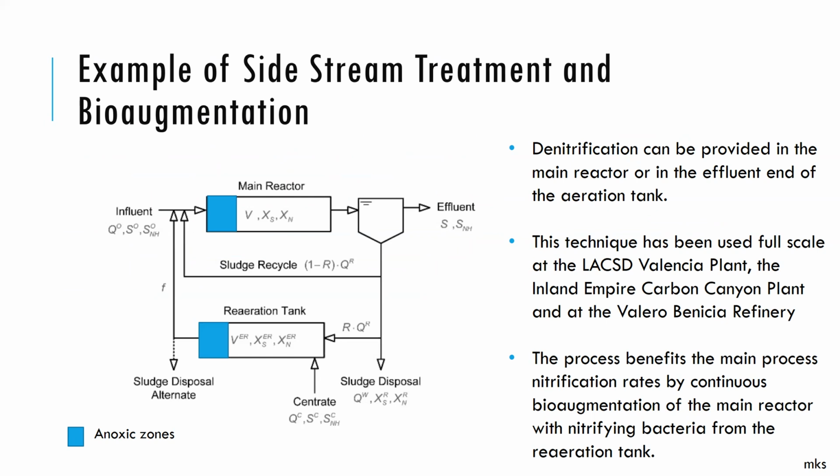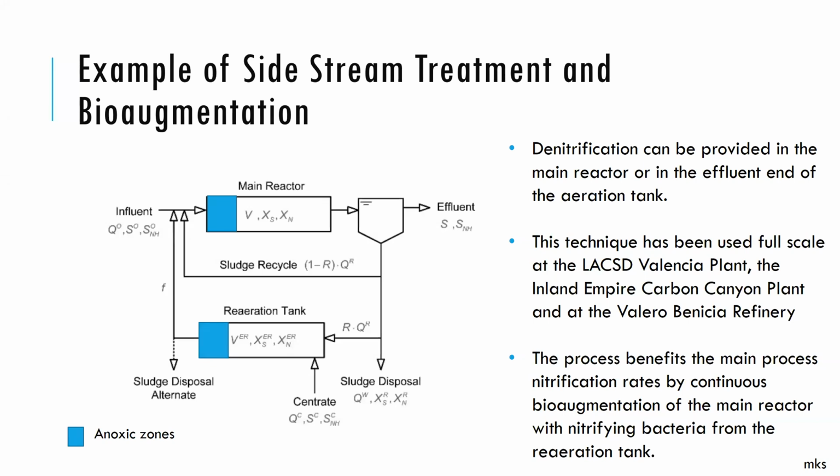I'm not showing all of the features, but you take the recycle and you run it through a separate reactor and you add the centrate that's high in the ammonia. And the reaeration reactor may have 12 to 24 hours retention time. It doesn't need to be very big because the flow QR is not very large compared to the main flow. So that's how we can maintain the small footprint.